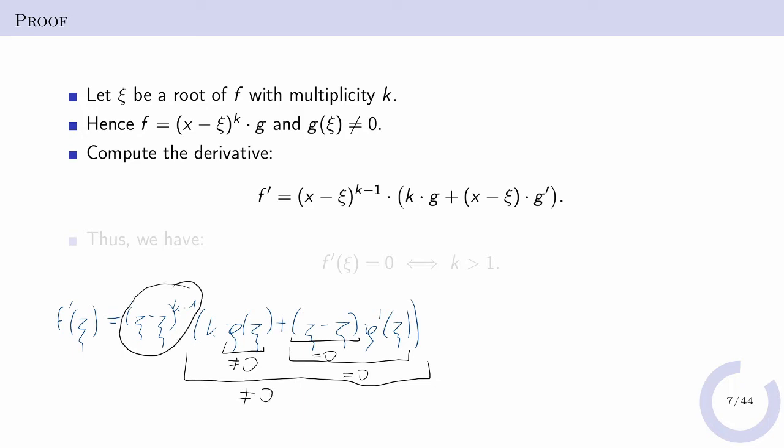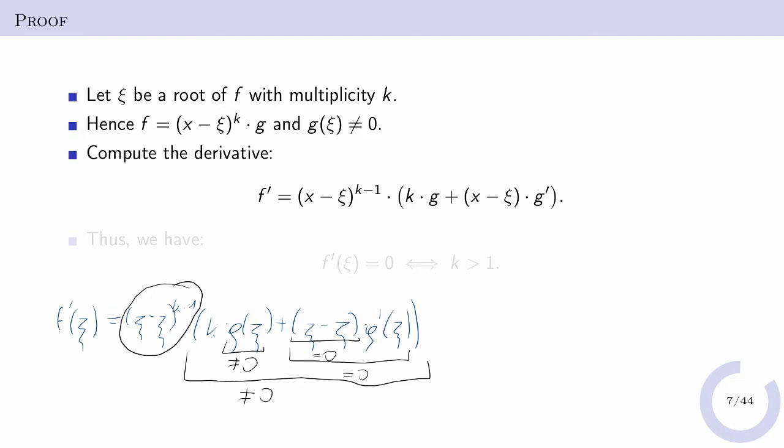This is either 0 if k is greater than 1, or it's 1 because if k is equal to 1, then we have something to the 0th power, so this is a polynomial to the 0th power, so it's 1.